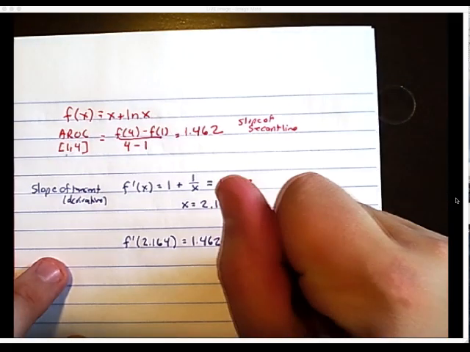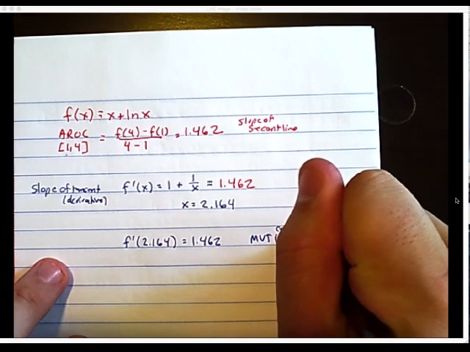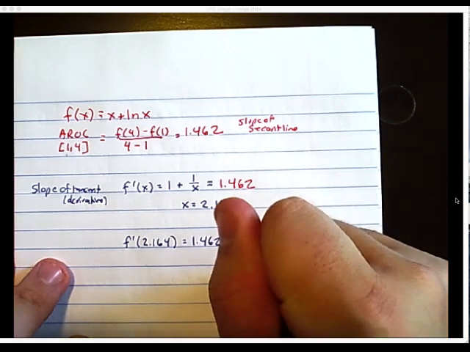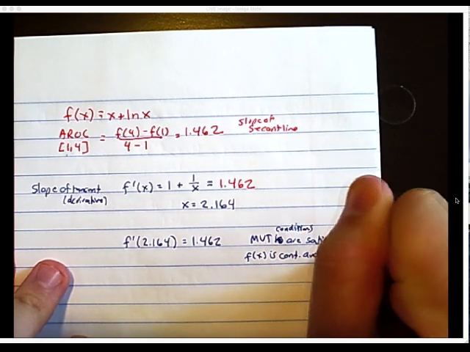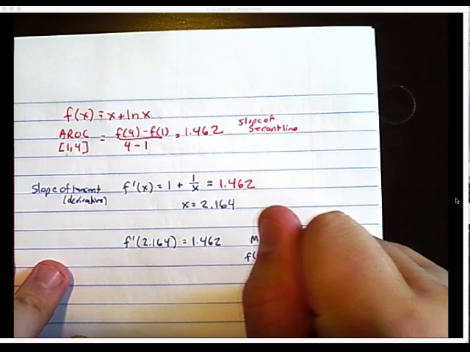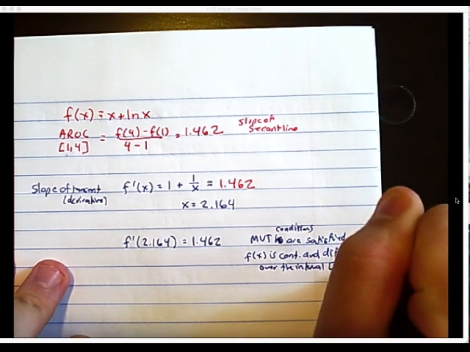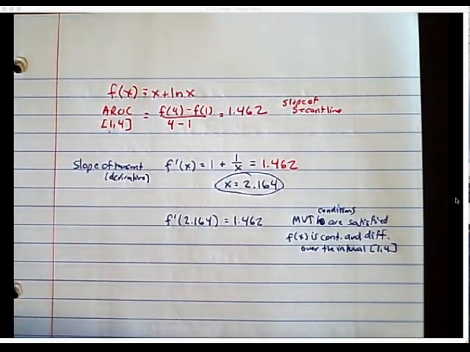So we would say the MVT conditions are satisfied: f of x is continuous and differentiable over the interval 1 to 4. So the answer they want here is this. They want to know the x value. They're calling it a c value, but the c is an x value.